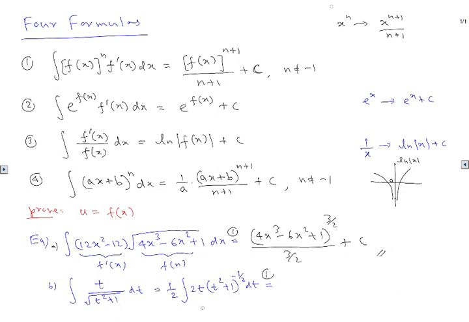So it is 1/2 according to the formula. You're going to get t squared plus 1, add 1 to the power, and divide by the same number, plus c. So that's the answer. If you simplify, you see the 1/2 gets cancelled, and you get the square root of t squared plus 1, plus c.